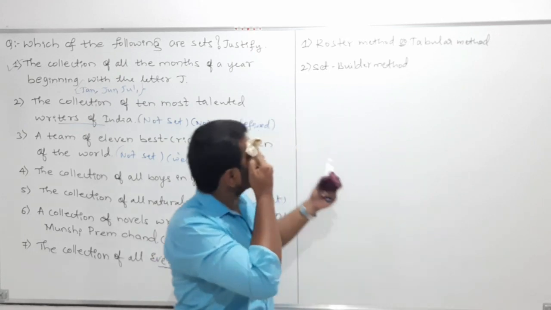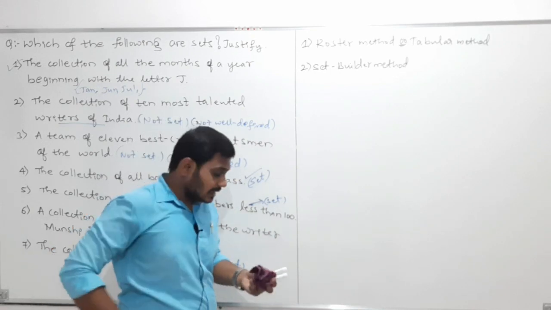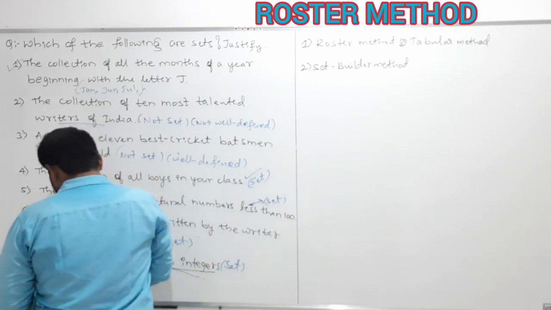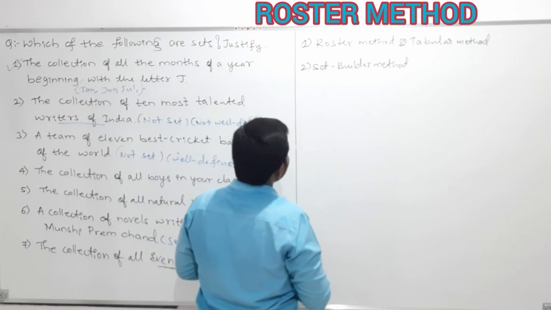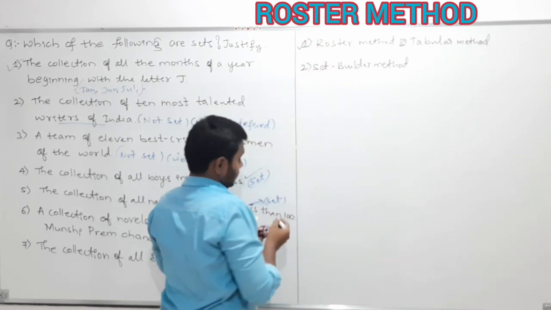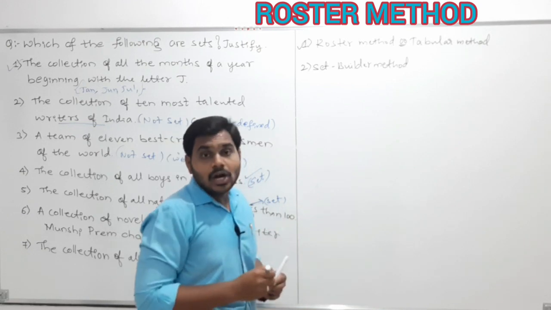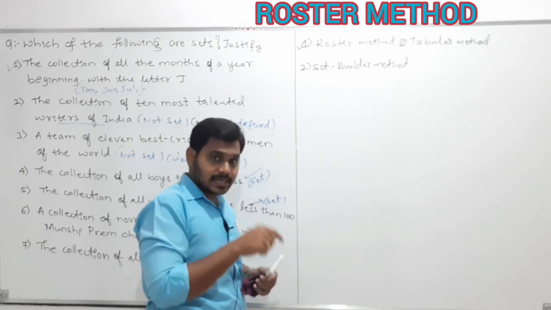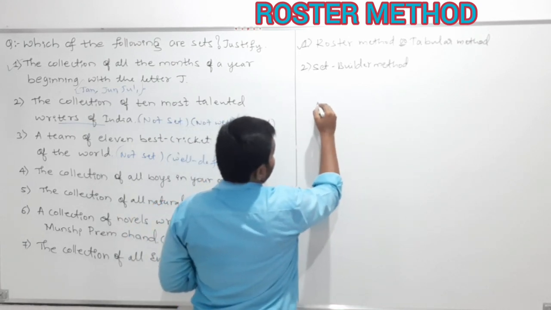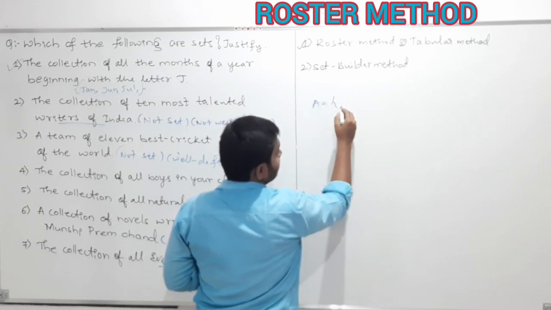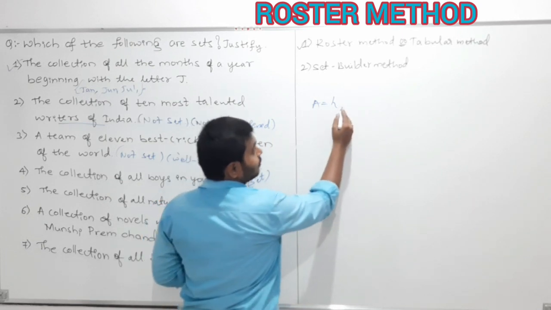My dear students, the first one is roster method or tabular method. In this method, all the elements of a set we will write within brackets, and that too, my students, separated by commas.